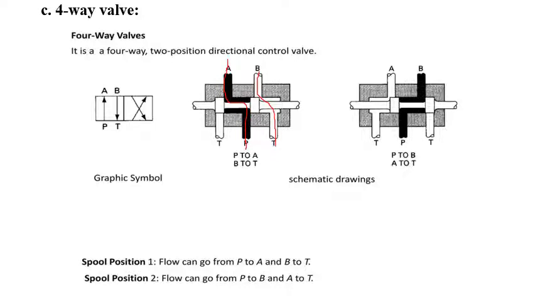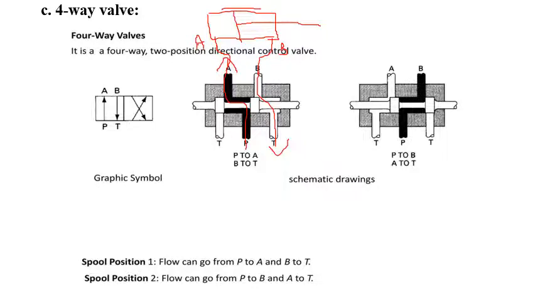So what it tells normally, that it goes like this. Here there is a cylinder, it is 4 ports, so it is double acting cylinder. So 2 ports are present in the cylinder, it is double acting. So this is A, this is B. So what it tells, A is connected like this and B is connected like this.